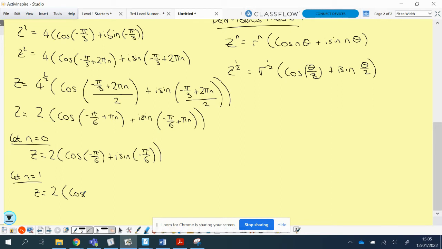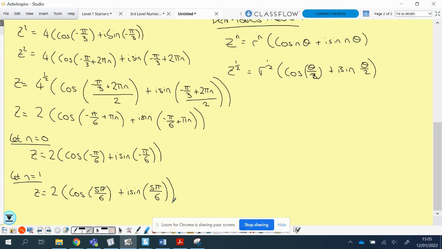So negative pi over 6 plus 6 pi over 6 would give me cos 5 pi over 6 plus i sine 5 pi over 6 as well.